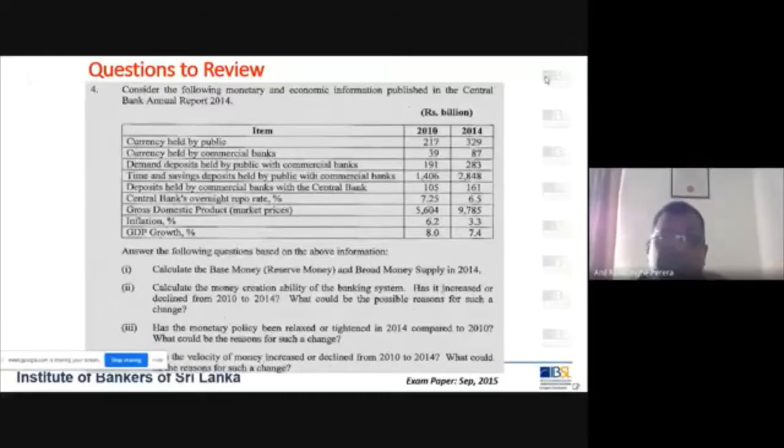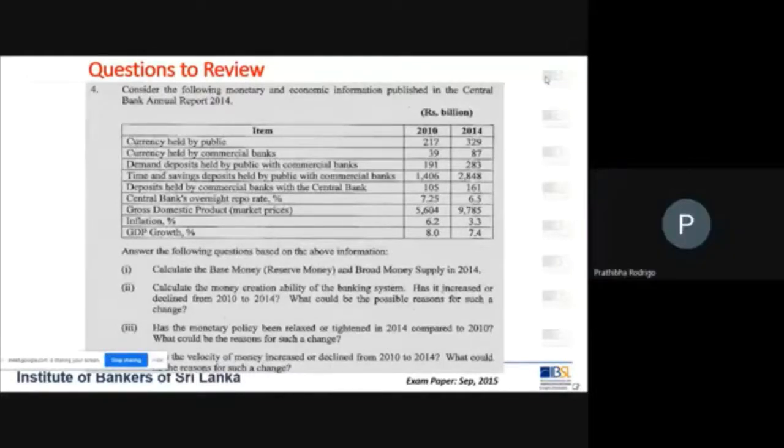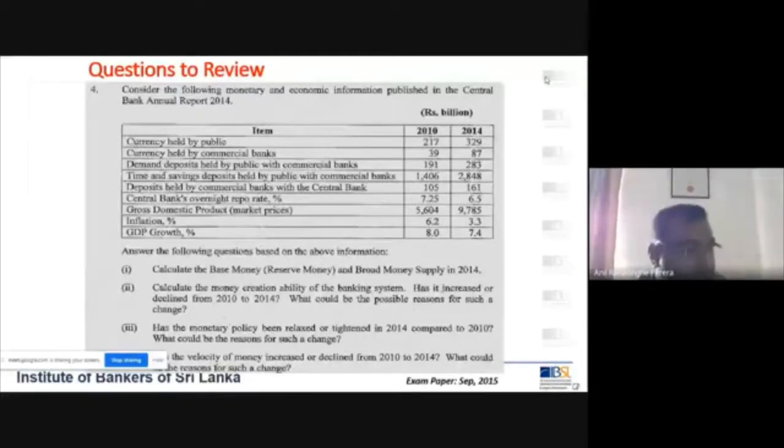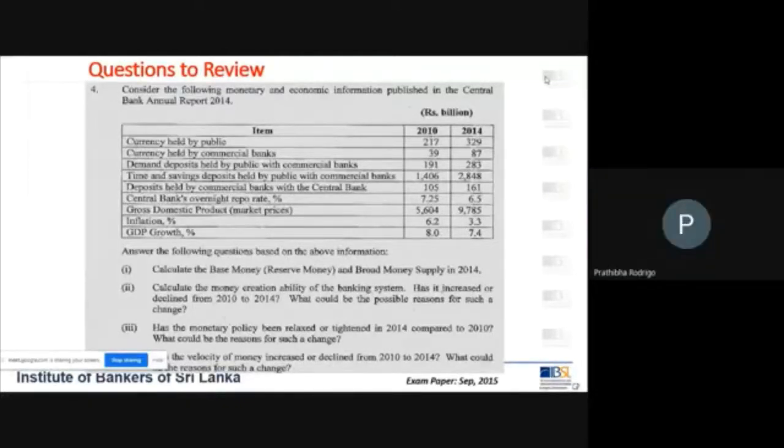Any other answer? Currency held by public. Okay, and the deposits held by commercial banks with the central bank. Okay. What else?